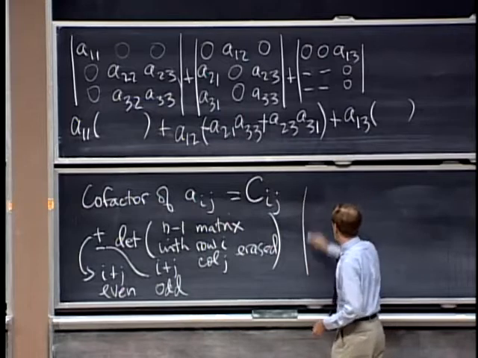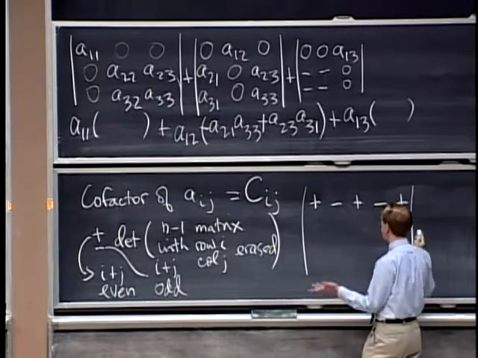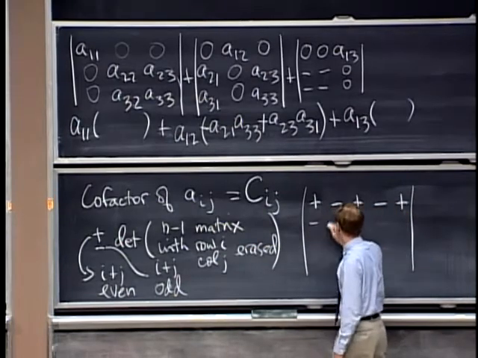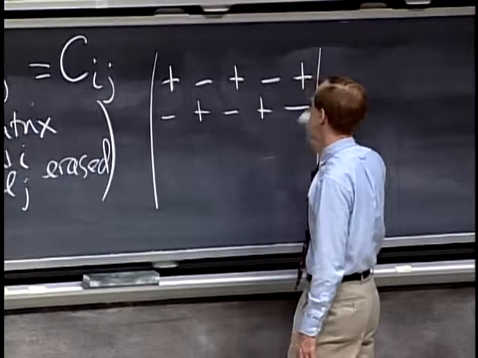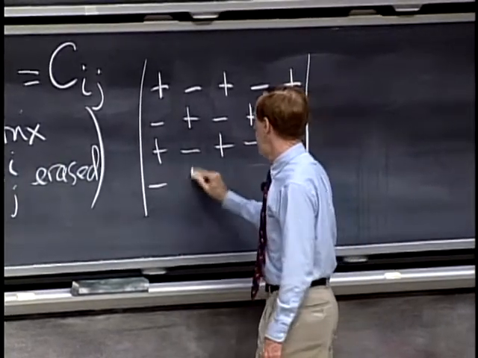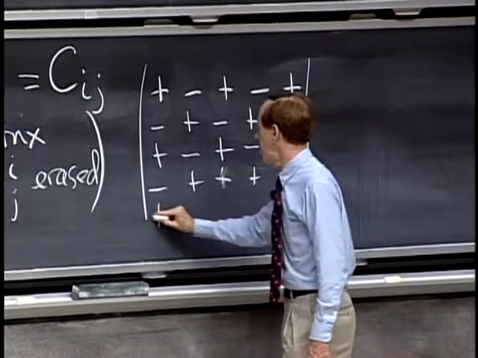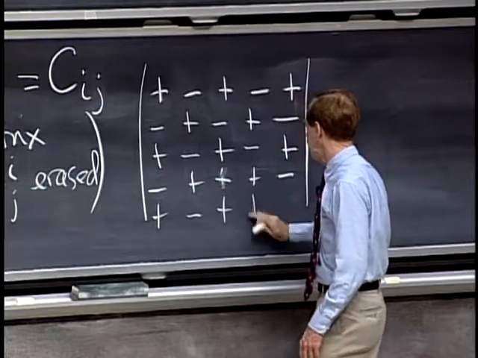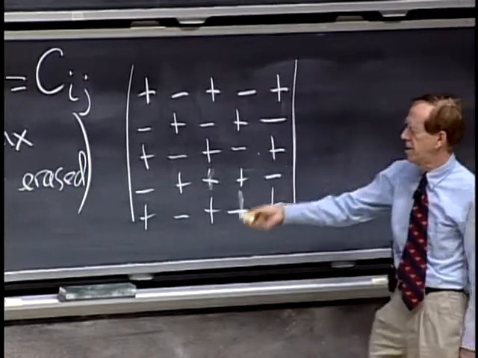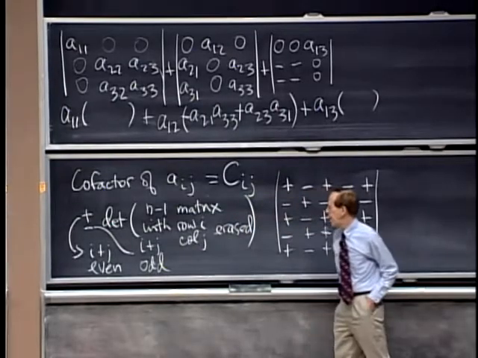There's a pattern, plus, minus, plus, minus, plus, if it was 5 by 5. But then for row 2 the signs would be minus, plus, minus, plus, minus, plus. It's sort of a checkerboard. Okay, those are the signs that are given by this rule, i plus j, even or odd.